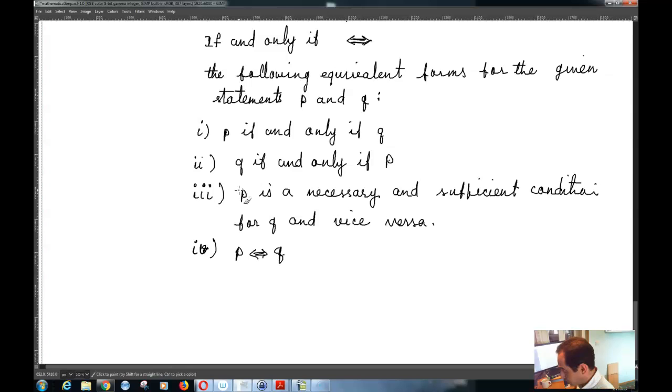Now let's see if we can make sense of this in the examples, because we essentially understand what that means, but there is only this part over here that we need to go back and take a look at, and that is what does it mean for P to be a necessary and sufficient condition for Q. This is important, and I seem to have forgotten that, because there was some example over there.